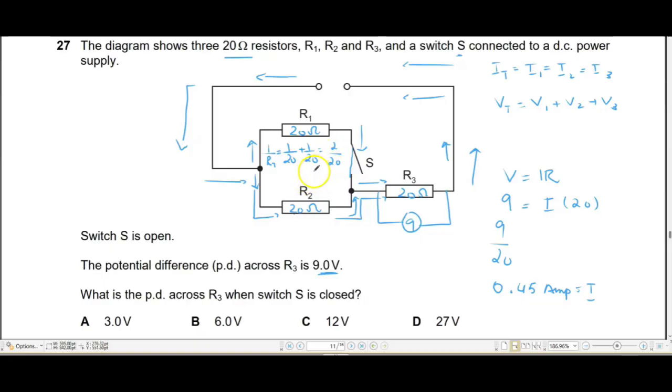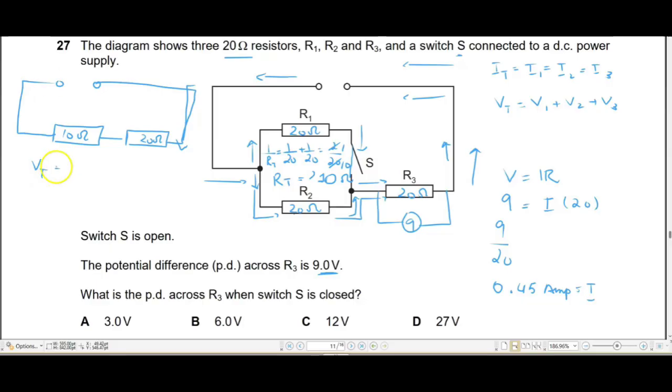And R T is going to be 1 by 10 inverted, so this is going to be 10 ohms. Now once we have our total resistance, this circuit is going to be like this. So 10 ohm resistance is over here and 20 ohm resistance is over here.